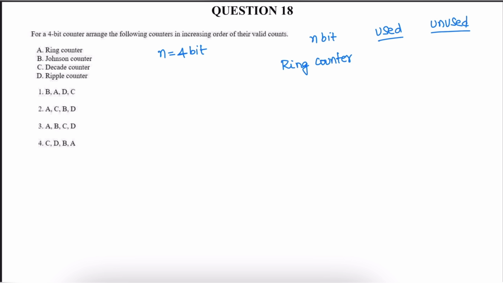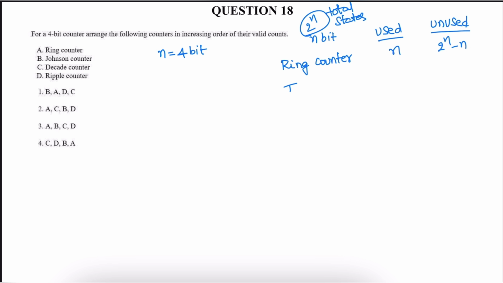For an n-bit counter of any kind, the total number of states will be 2 power n. So 2 power n is total states. For an n-bit ring counter, there are n used states and 2 power n minus n unused states.